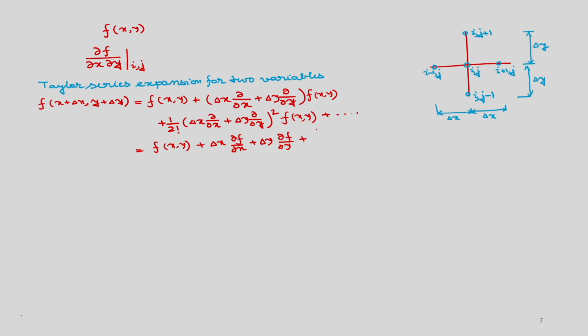Then 1 by factorial 2 is 1 by 2, times delta x square del 2 f by del x square plus delta y square del 2 f by del y square, and you have delta x delta y by factorial 2 times 2 del 2 f by del x del y and so on. So, this 2 will get cancelled out.